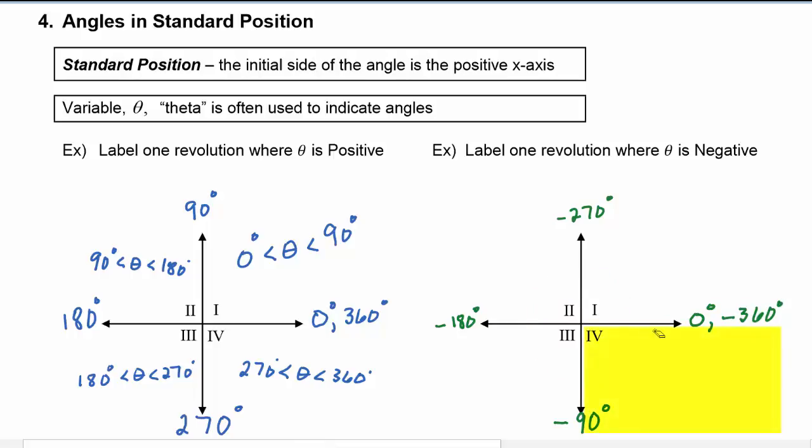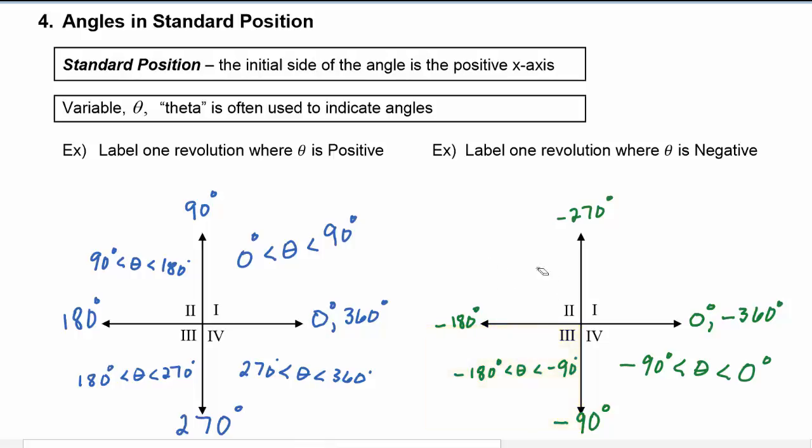Now, angles whose terminal side lands in quadrant 4, you can see will have to be between negative 90 and 0 degrees. Now I have to put the negative 90 degrees first so that the inequality will remain true, because negative 90 is less than 0, not the other way around. Then if the terminal side is in quadrant 3, we know those angles will be between negative 180 degrees and negative 90 degrees.